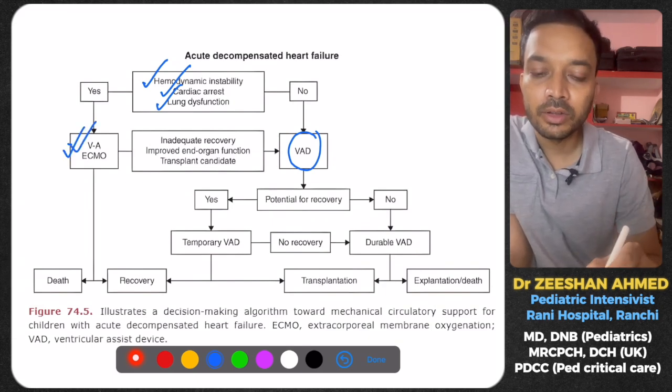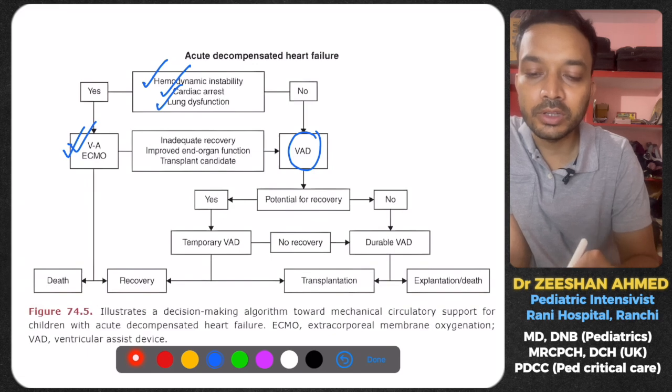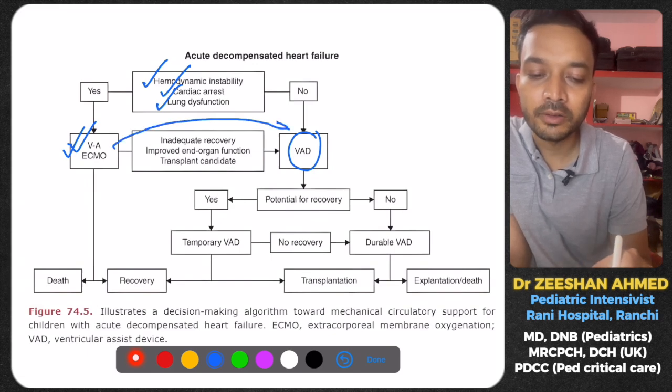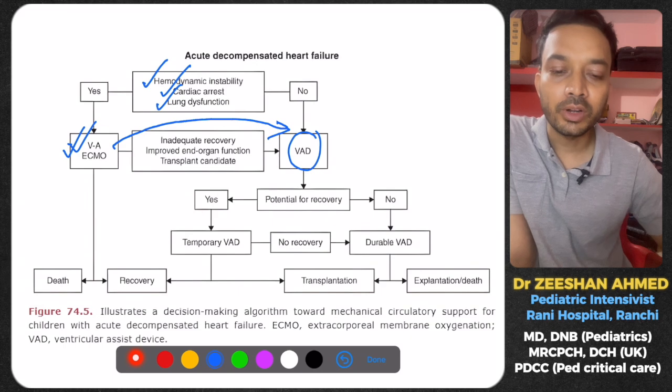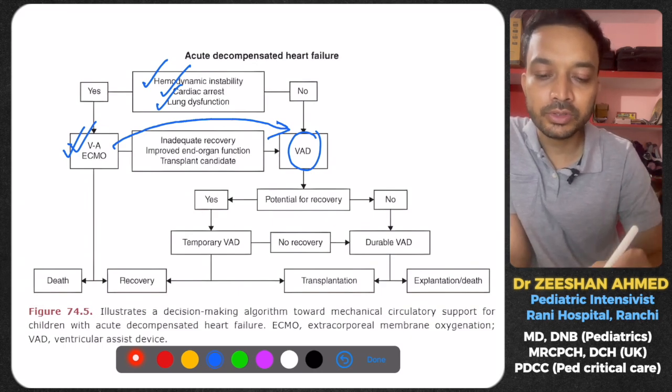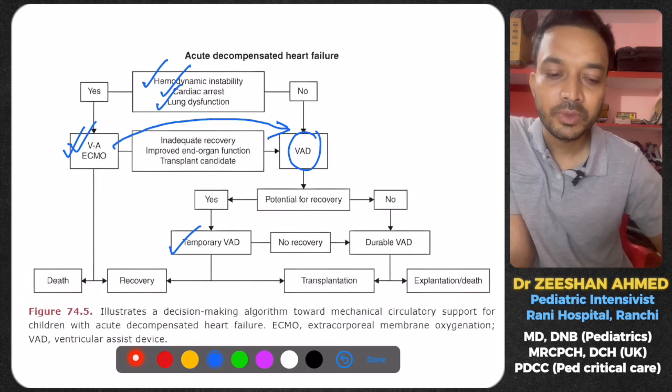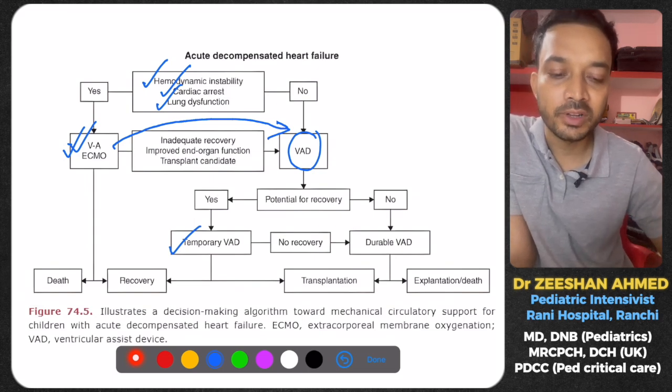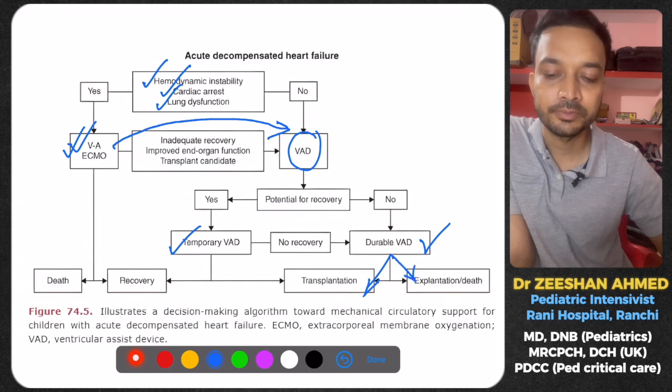However, if there is inadequate recovery from VA ECMO, then we have to shift to VAD. Now, what kind of VAD? If there is a potential of recovery, then we use short-term or temporary VAD. Or if there is no potential of recovery, we have to use a durable long-term VAD, which will ultimately lead either to heart transplant or to death.